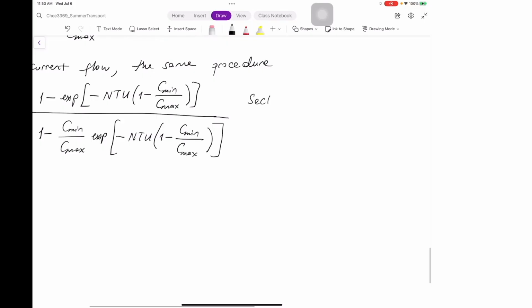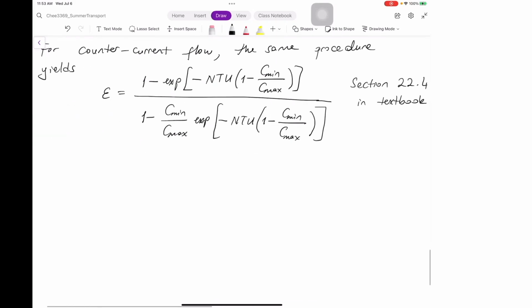This is section 22.4 in the textbook. Okay, so 22.4. Let me check one thing really quick.